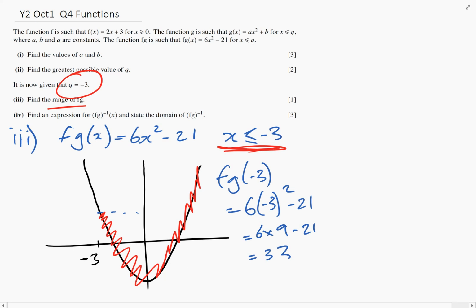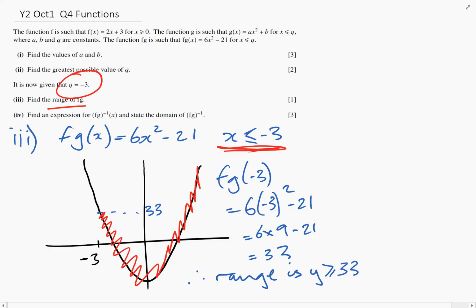So the possible y values are any value greater than or equal to 33. Therefore the range of fg is y is greater than or equal to 33.